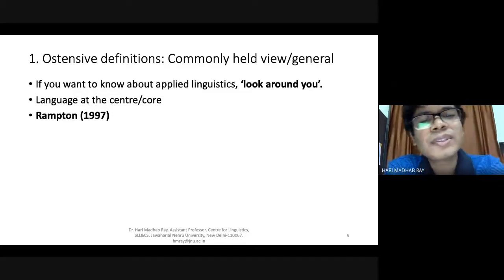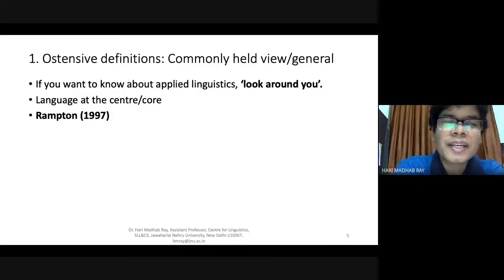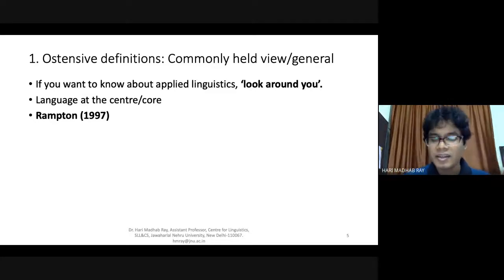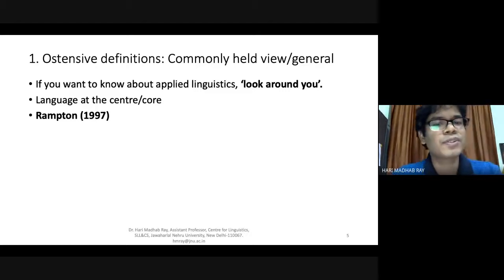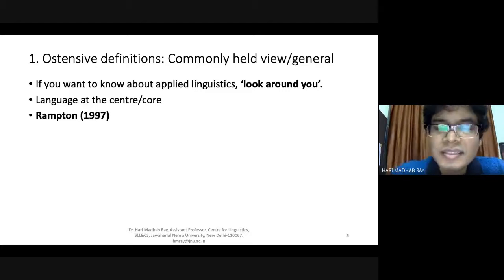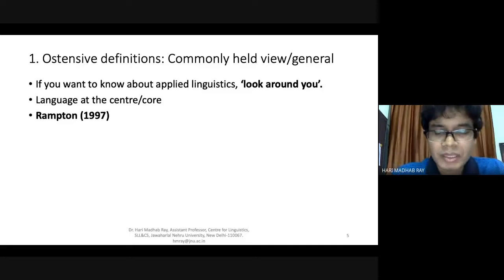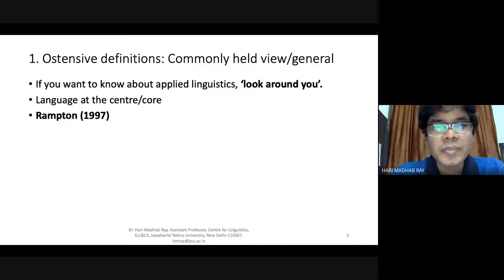So language at the core, at the center. That's what Ramton, taking the very general broad interpretation of applied linguistics, is saying: if you want to know about applied linguistics, look around you. Language is at the center, at the core of human existence. So wherever there is language, applied linguists or practitioners can give their practical solutions.